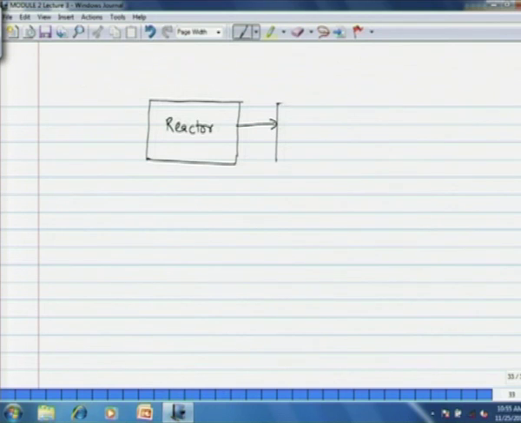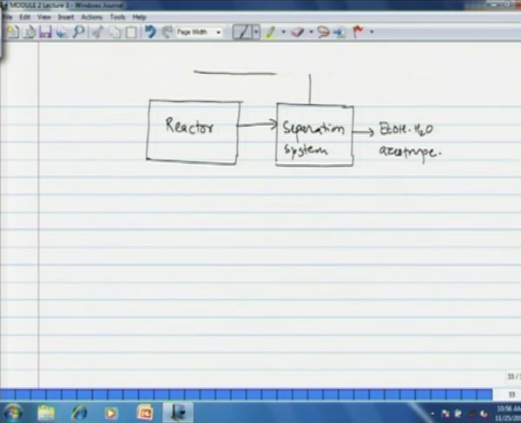Then there will be a separation system comprising of distillation columns which will give ethanol azeotrope as product. Then there will be a recycle and purge stream for unreacted ethylene.